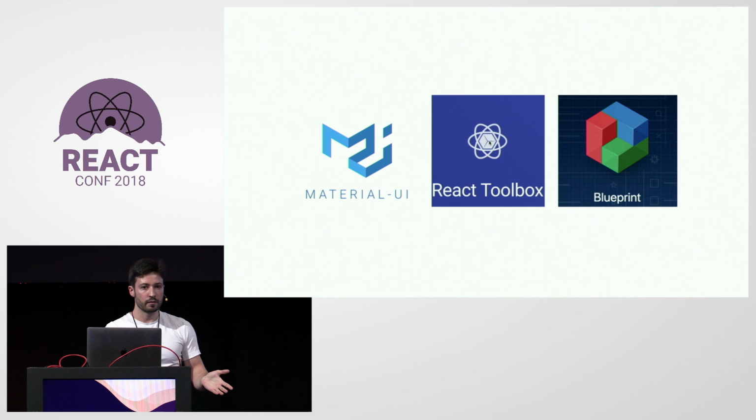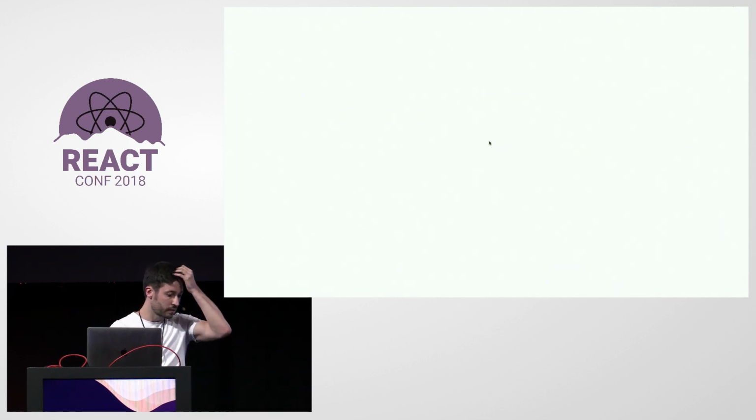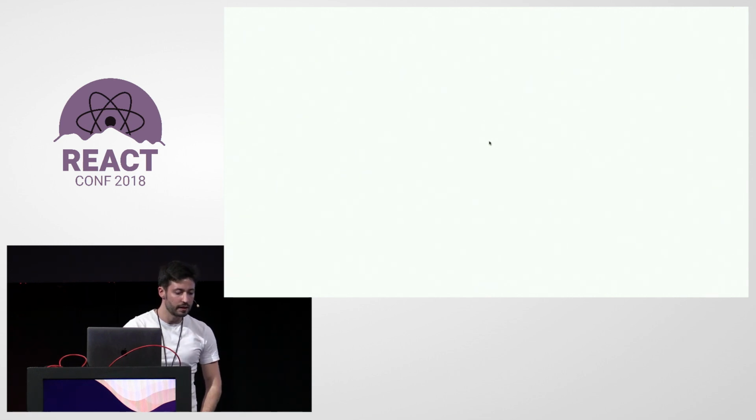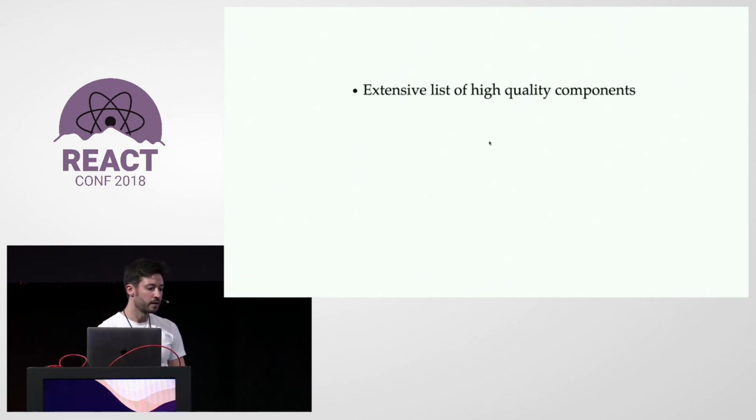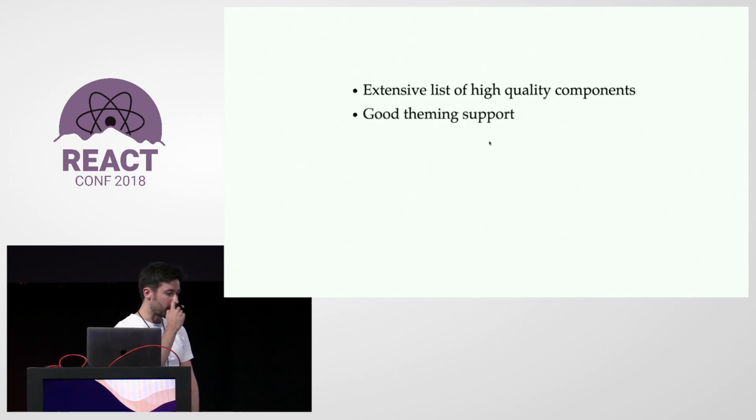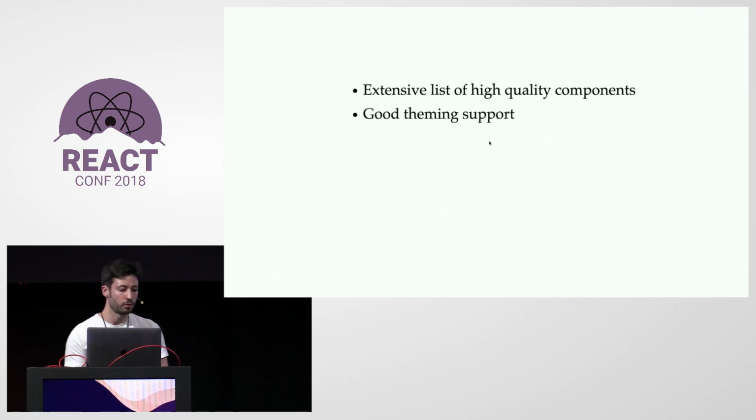If you have to choose one for your next application, what I did is I looked at a few key features. First thing was the list of components. Is it exhaustive enough for GDevelop? And I ended up with Material UI for it. Then, has the library a good theming support?